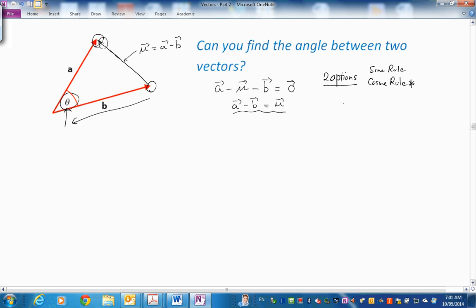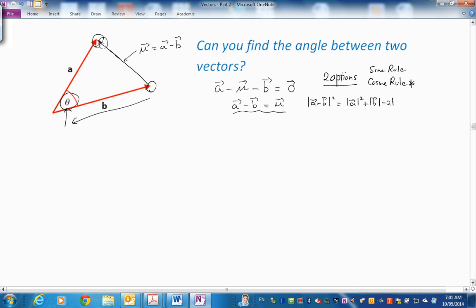We need plenty of room for this, so let's start right up the top here. The cosine rule says the length of any side squared is the sum of the squares of the other two sides. Are you seeing this on the diagram as I write it?